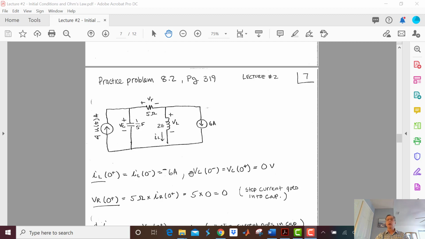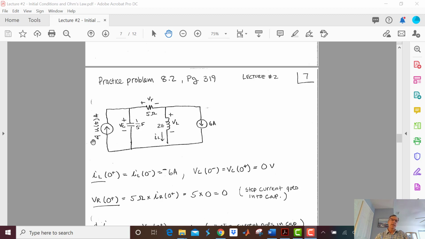Let's move to our next problem. So now I have a current source and I'm representing it using the unit step function. What this means is that at time equals 0 minus, there is no current coming from this current source. As we mentioned about 10 minutes back in the lecture, if you disable a current source, or you set its current to 0, it looks like an open circuit.